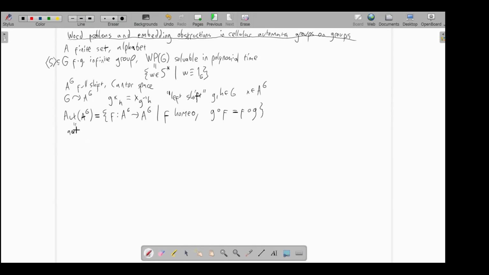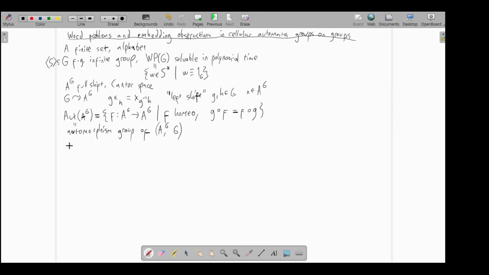This is the automorphism group of A to the G, or more precisely, this dynamical system A to the G, where G is acting. Sorry, my G looks like my sigma, but I'm not going to use sigma a lot.